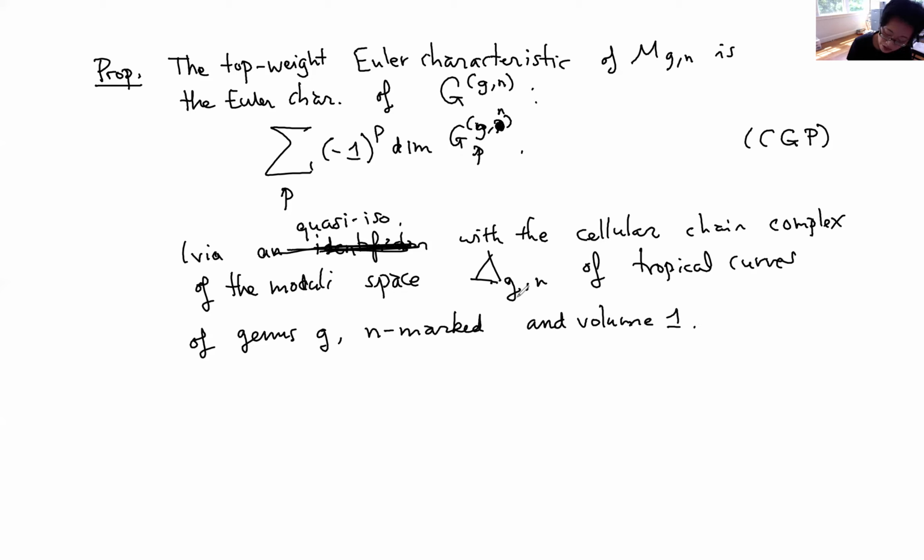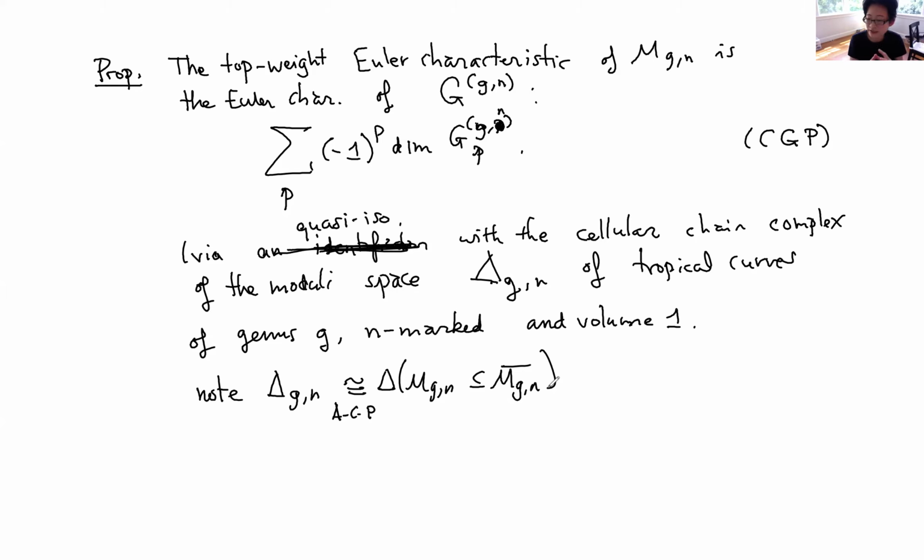So last week you saw tropical moduli spaces MGN trop, and delta Gn is just the volume 1 slice of MGN trop. And moreover, this moduli space delta Gn is identified in work of Abramovich, Caporaso, Payne with the boundary complex of MGN inside the Deligne-Mumford-Knudsen compactification of stable curves MGN bar.